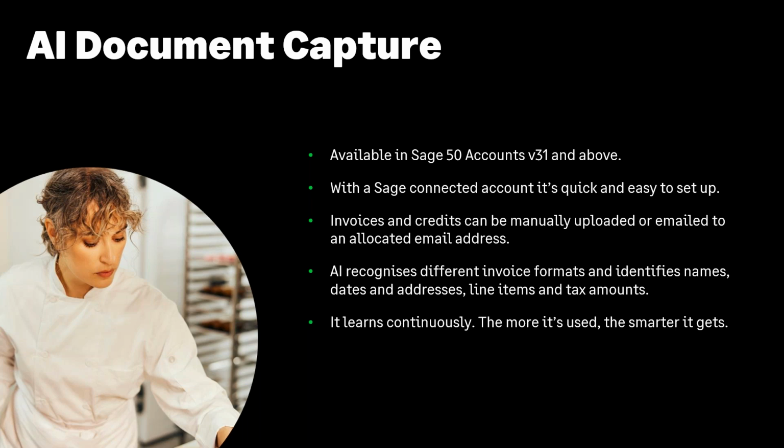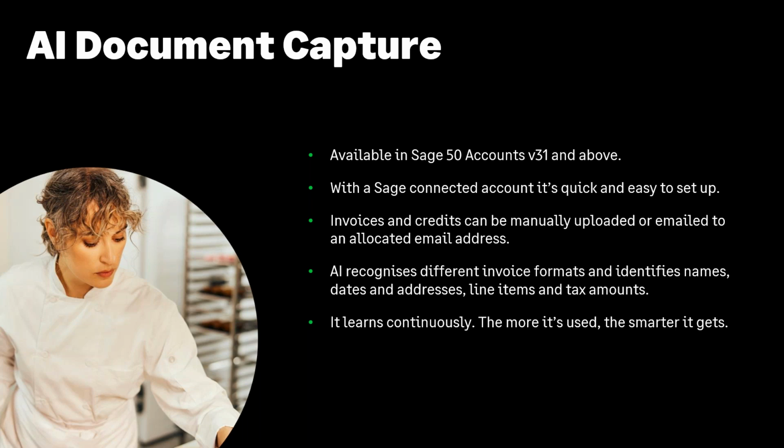Now, when you use it, you'll see this in the demonstration as well. For invoices and credits, you have the option to either manually upload the document, so browsing for, say, your PDF document, for instance, or it can be emailed.